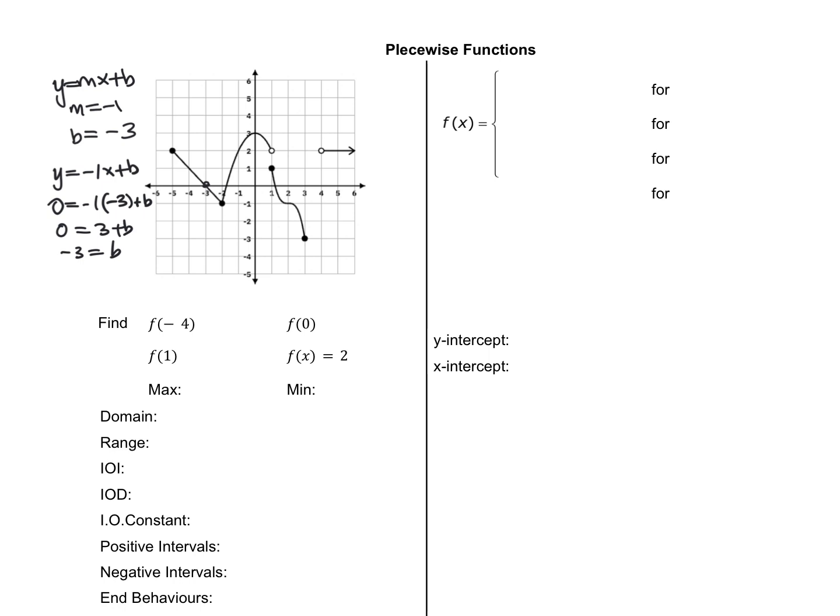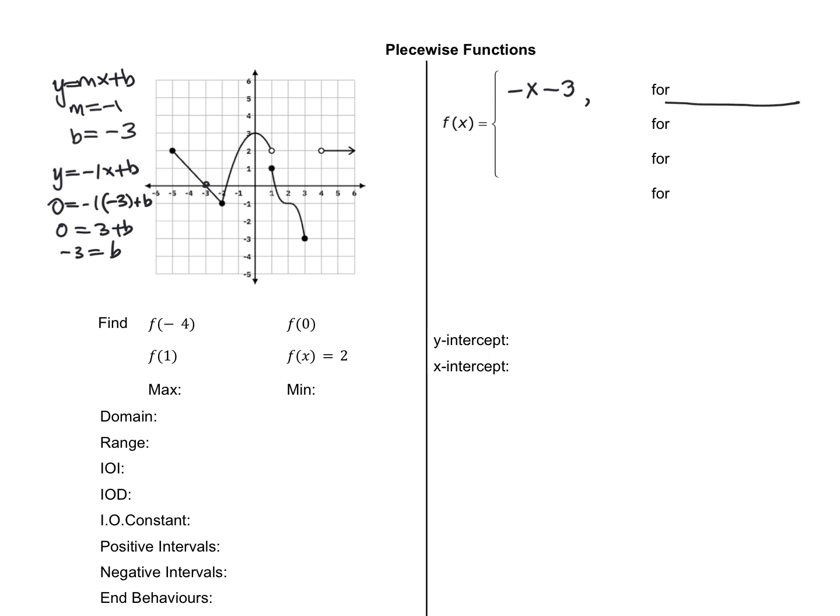So now I'm going to write it for my piecewise function. I'm going to start with f of x equals, and then this giant squiggly bracket, and we're going to state the first equation, which is -x or -1x subtract 3, and then we're going to write our domain for this line.